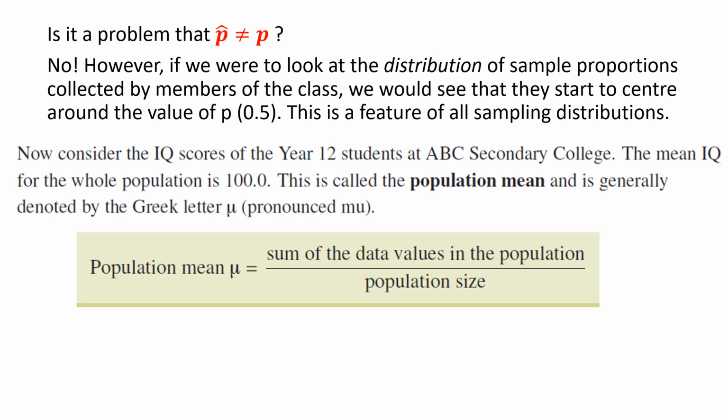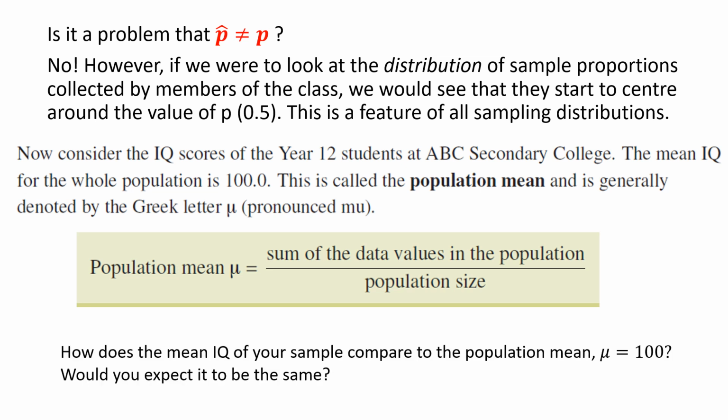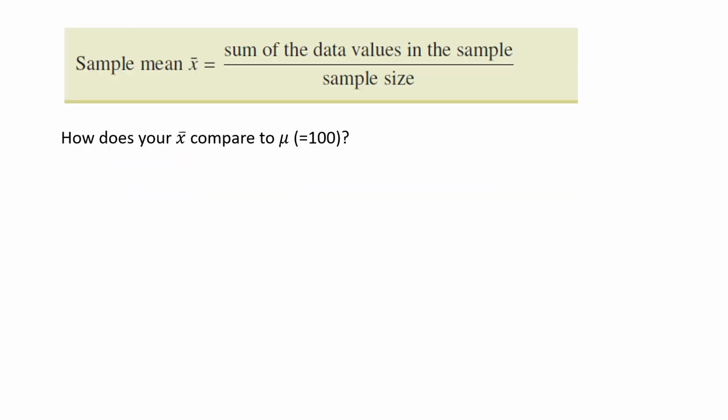So we use mu to be the population mean. How does the mean IQ of your sample compare to the population mean mu, and would you expect it to be the same? Of course not. All right, so we'll just keep going.